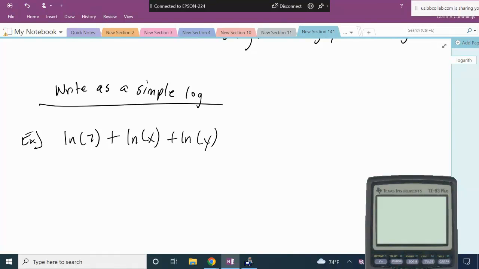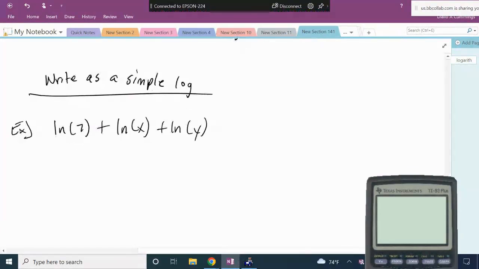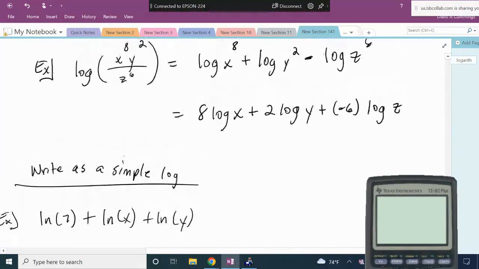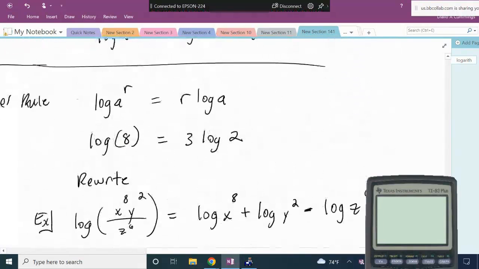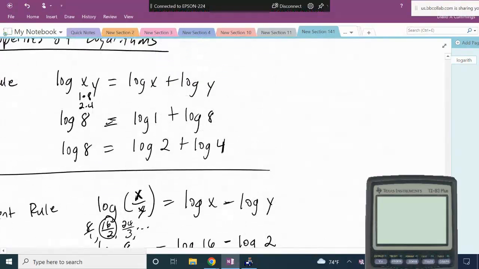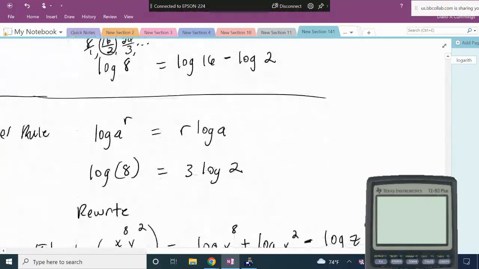All right, so we're basically going to use the formula. All right. So notice that these formulas do work in reverse. All right. So if I go back up, so that means the log of x plus the log of y, that's equal to the log of x times y.